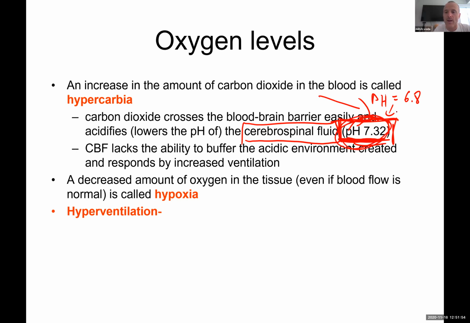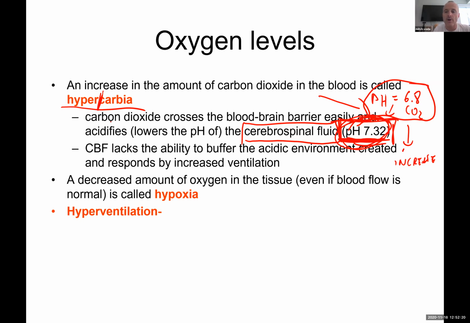So now I have too much carbon dioxide. So what do I do? I need to eliminate the carbon dioxide. So then I will increase the number of breaths that I take. And when I have a really acidic pH for the blood, this is called hypercarbia. Hyper means a lot. Carbia refers to carbon dioxide.